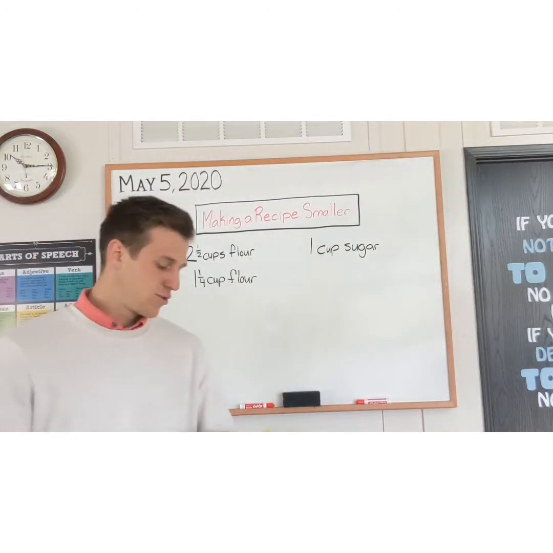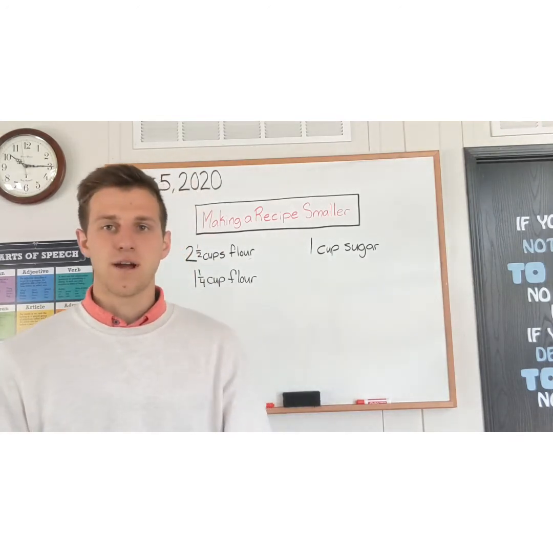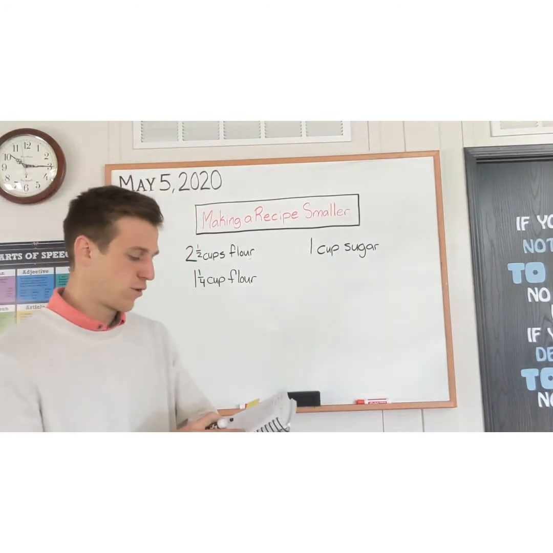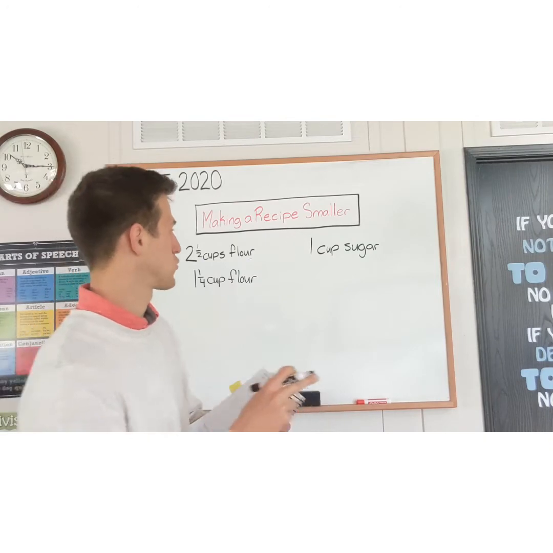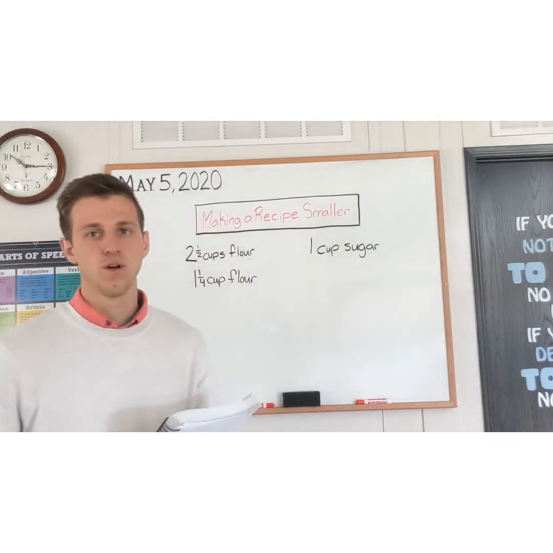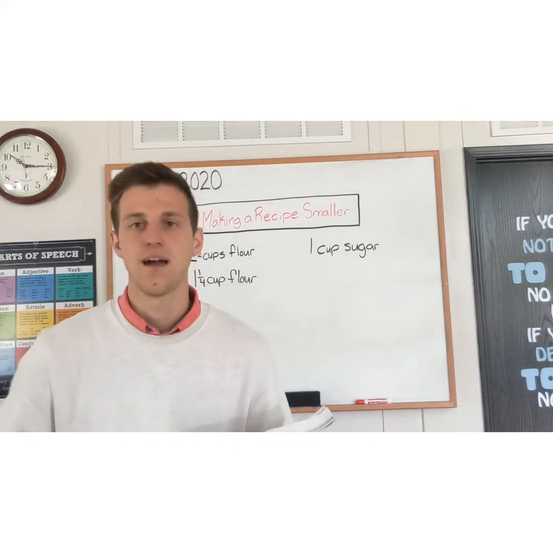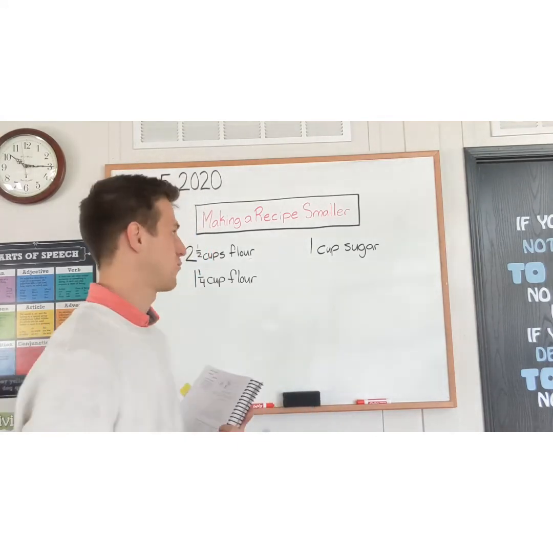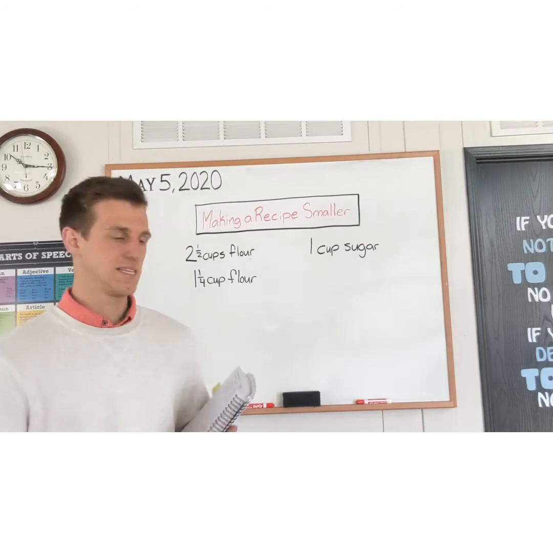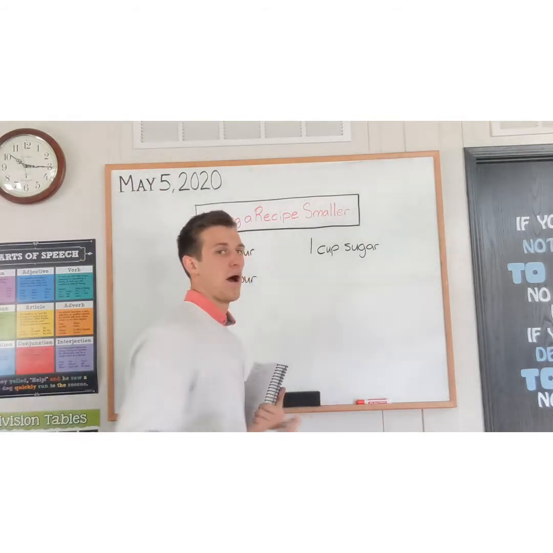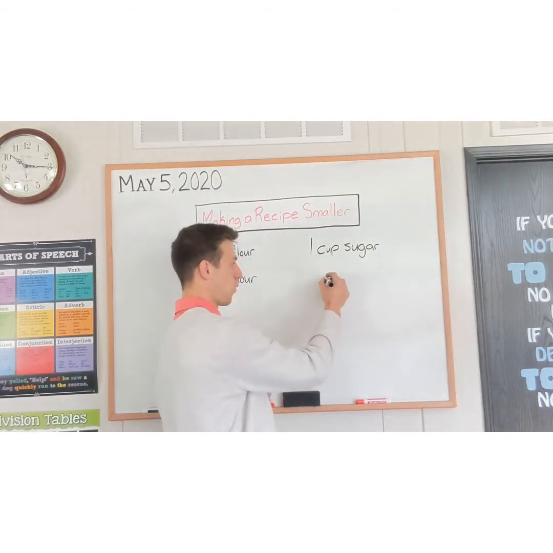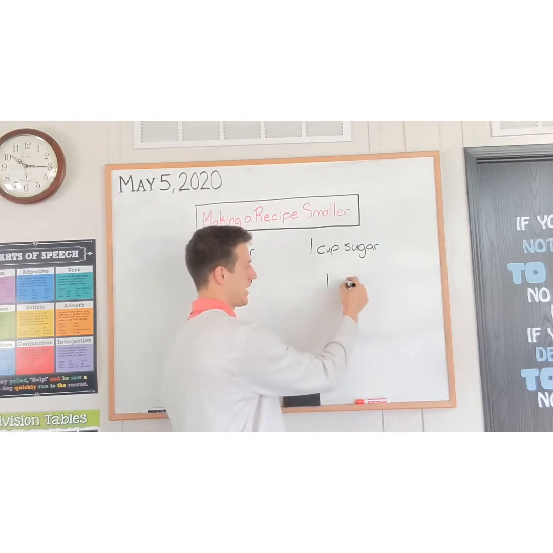So let's go ahead and do number 1B together, all right? So work through that. If we look up in our recipe, notice it calls for 1 cup of sugar. So we're going to just half that. And you might know this in your head. I mean, you probably do. What's half of 1? It's simply half, right? But how do we get that? So we're gonna take 1 times our half fraction.